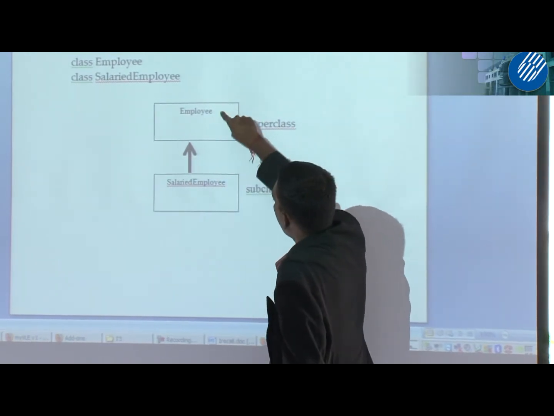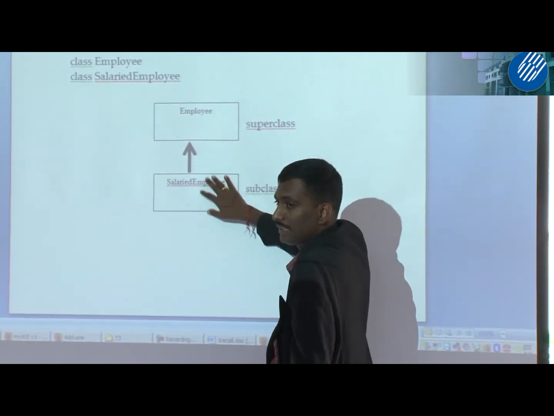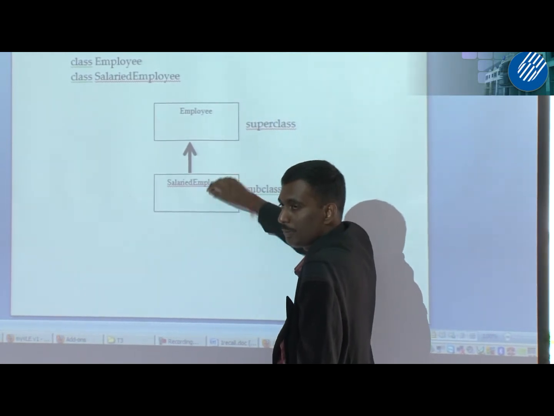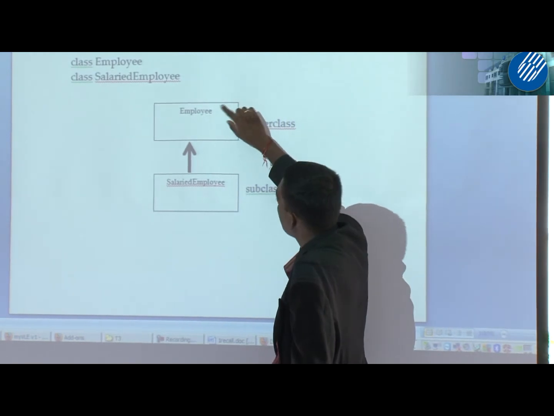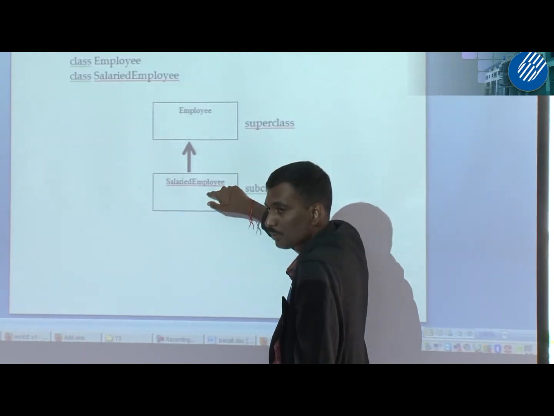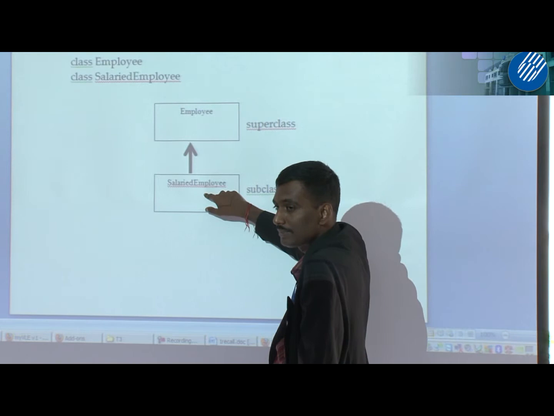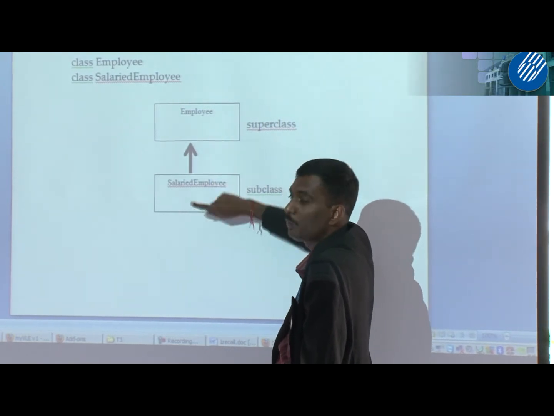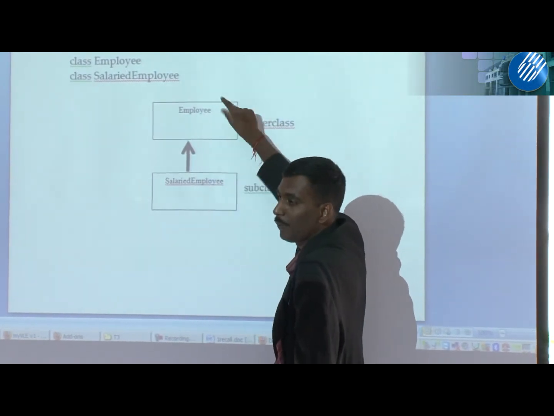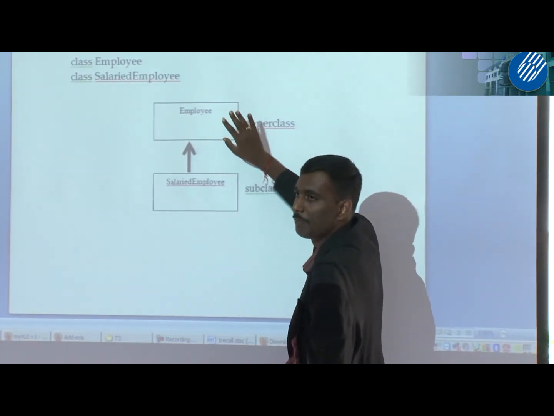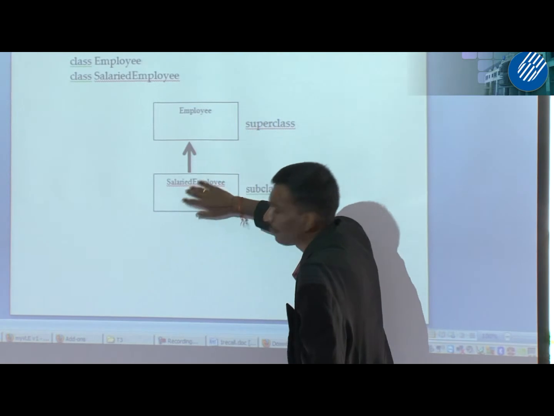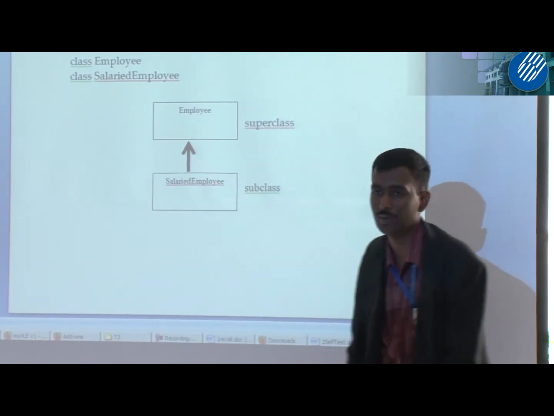But whatever new things declared in the subclass, new methods and new attributes, can the superclass make use of whatever is available in the subclass? Cannot. It's only one way, bottom up. Only subclass can use superclass attributes or methods, but superclass cannot use subclass methods or attributes.